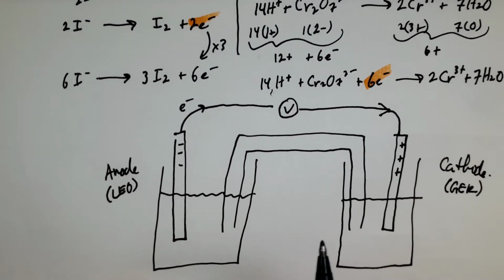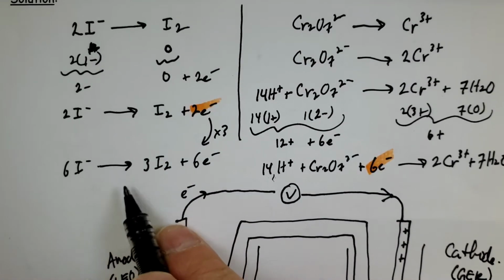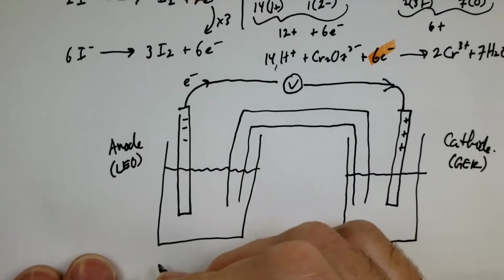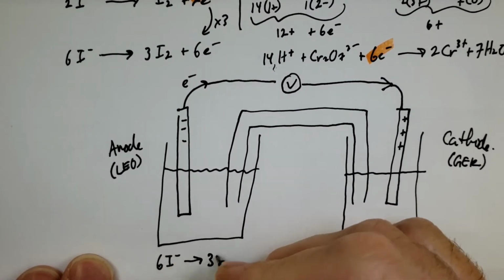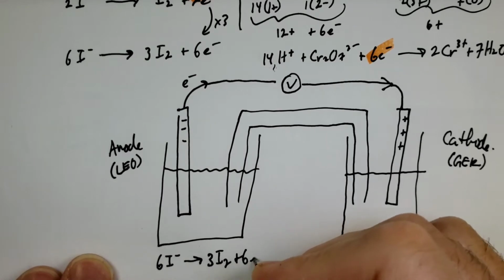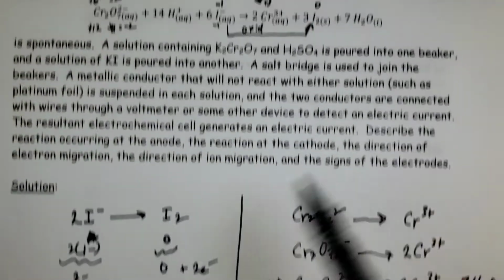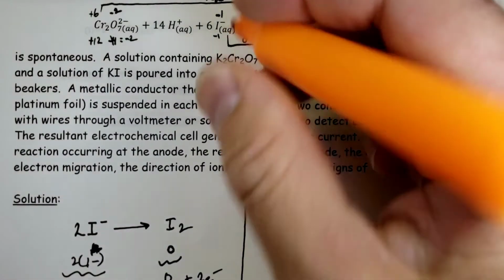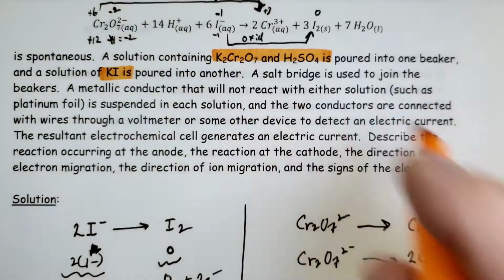Okay, so losing electrons. What is losing electrons? Right here. We have this losing electrons. So this reaction is happening over here. We have 6I negative breaking down to 3I2 plus 6 electrons. So electrons are being released. So which of these solutions was in there? Originally we have one side containing this and another side containing this.